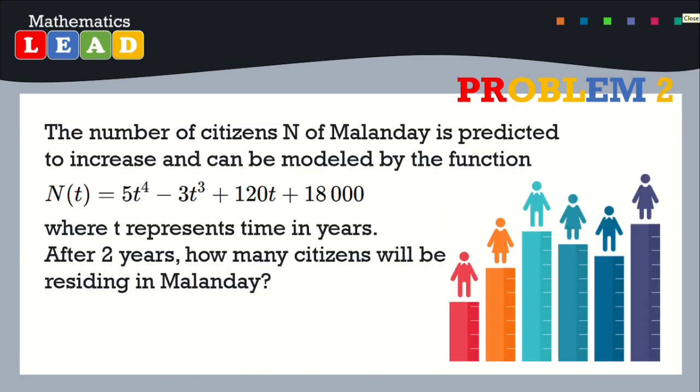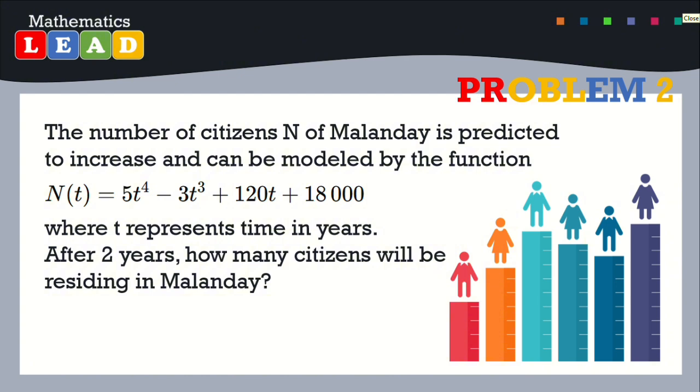Let us move on to our problem number 2. The number of citizens N of Malanday is predicted to increase and can be modeled by the function N of t equals 5t raised to 4 minus 3t raised to 3 plus 120t plus 18,000, where t represents time in years.